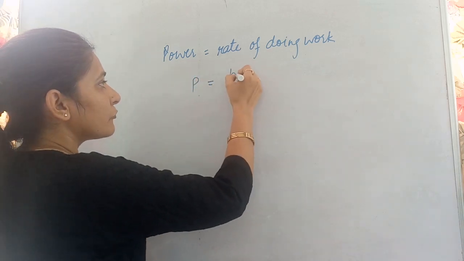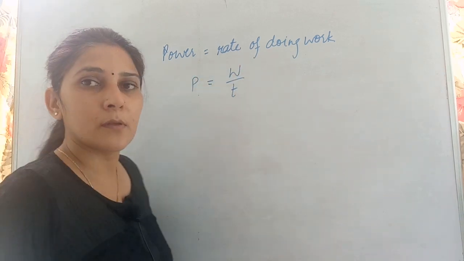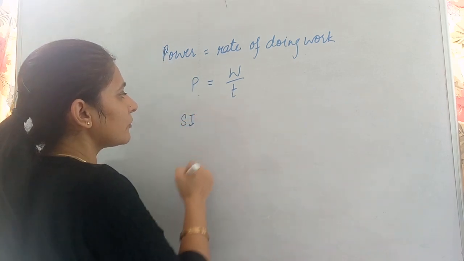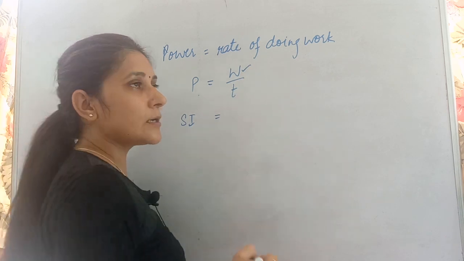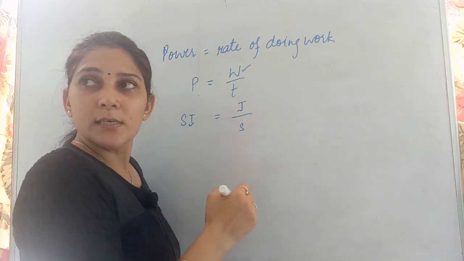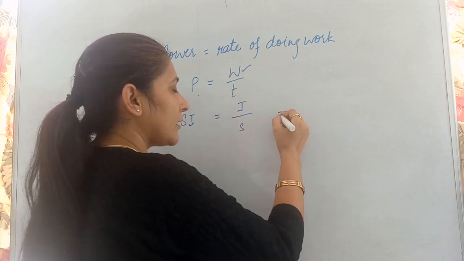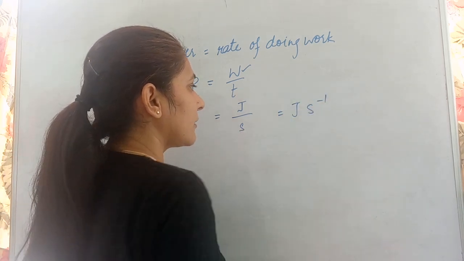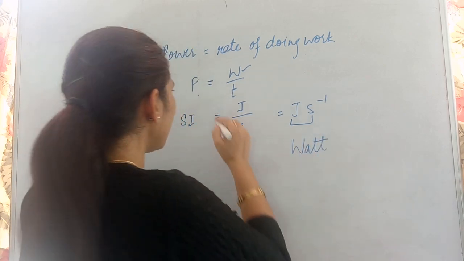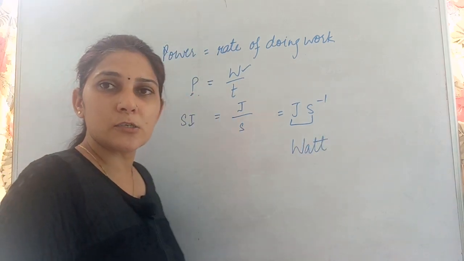Power is given by work done per unit time. So what can be the SI unit for power? The SI unit for work done is joule, and for time, this is second. So this can be joule second inverse, or this can be written as watt. So that means the SI unit for power is watt.